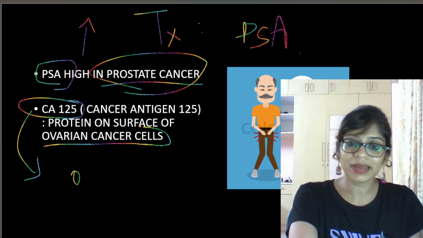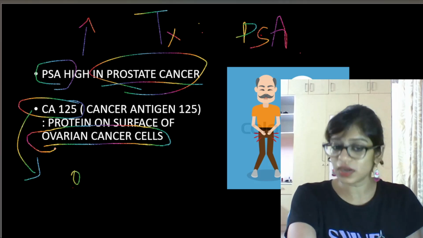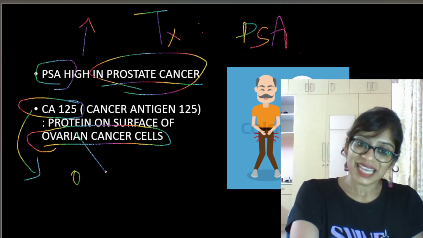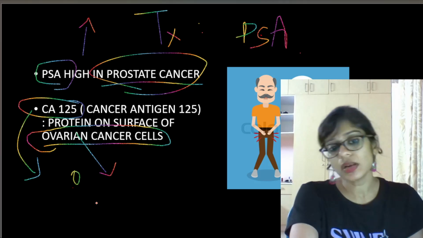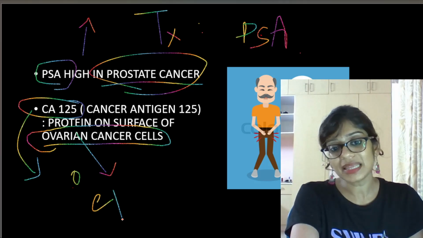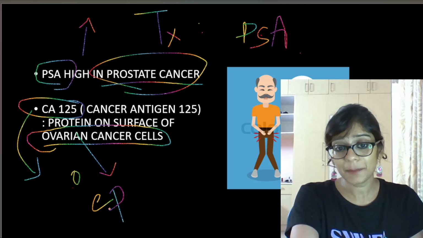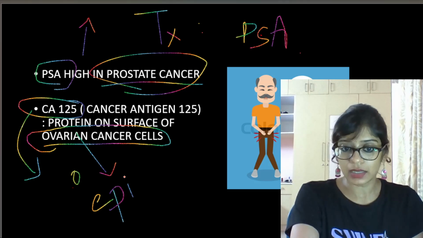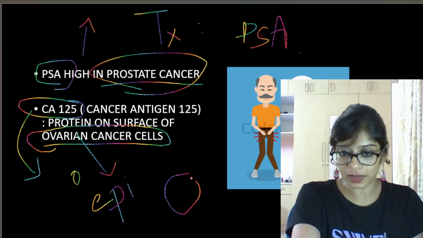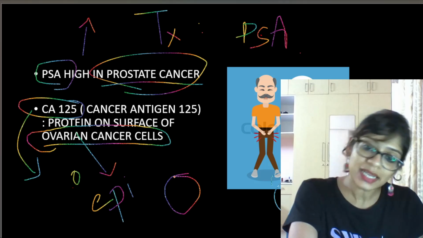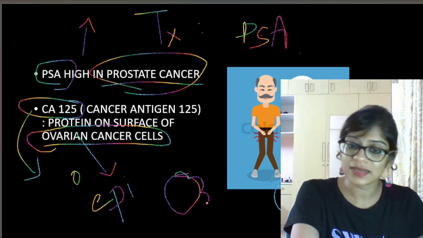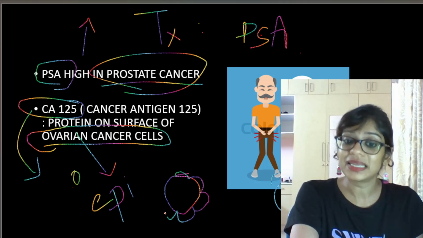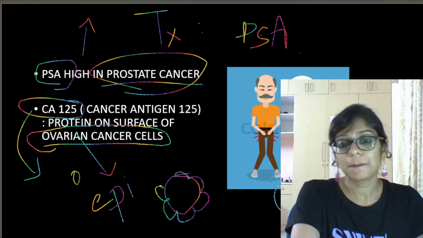Ovarian cancer has different types. If CA125 is high, you will mainly think about epithelial ovarian cancer. See, if I am drawing the ovary here, women have ovaries, and on the surface of the ovaries we have epithelial cells.